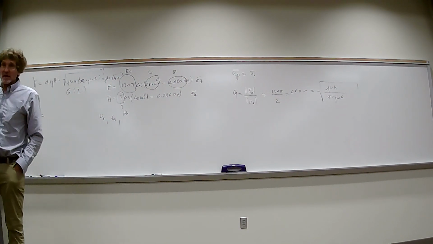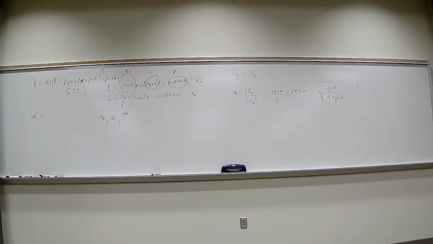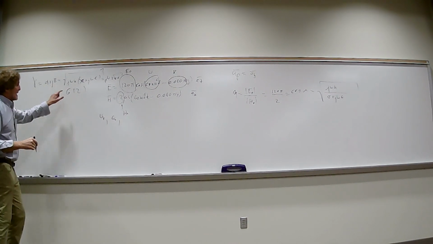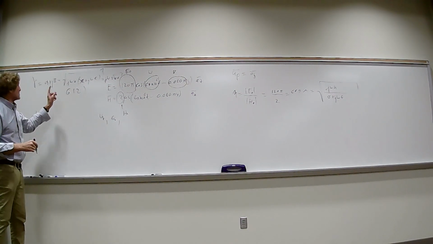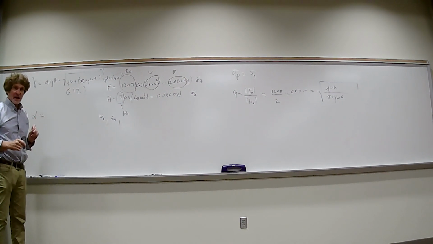I'm trying to be real clear about this. Now, what is the value of alpha? Just look at this. That j is the coefficient of the imaginary term that defines beta, isn't it, class?